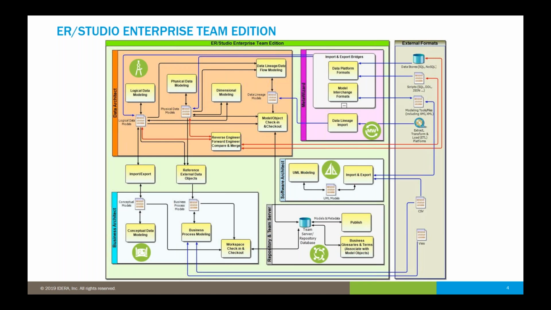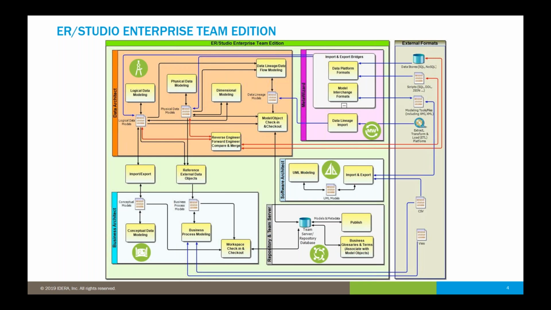But accompanying that is the MetaWizard, in which we can bring in metadata from a variety of different modeling platforms, data platforms, both SQL and NoSQL platforms included in that. And on the Enterprise Team Edition, we can actually interrogate ETL platforms such as SSIS, Informatica, Talend, and those types of things to bring in the specifications to create visual data lineage diagrams, complete with the transformations right in the product just by interrogating those.